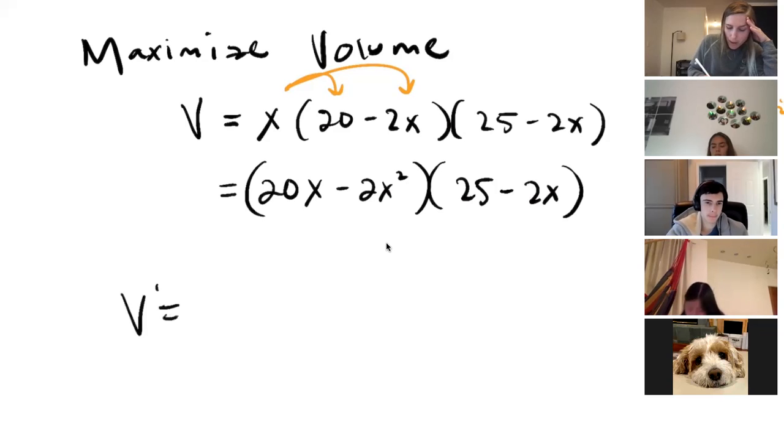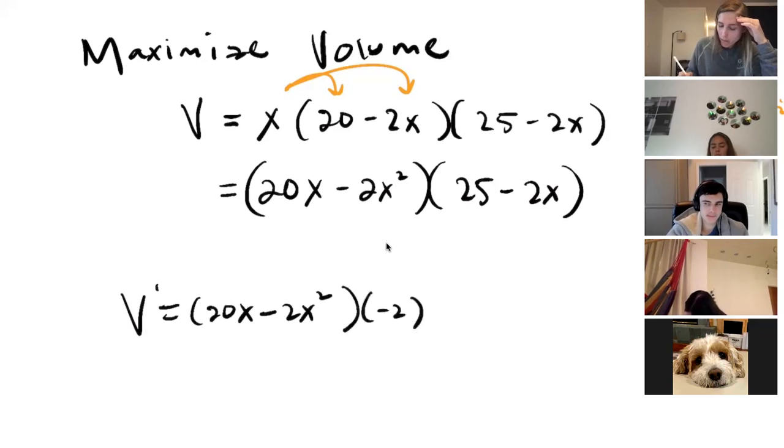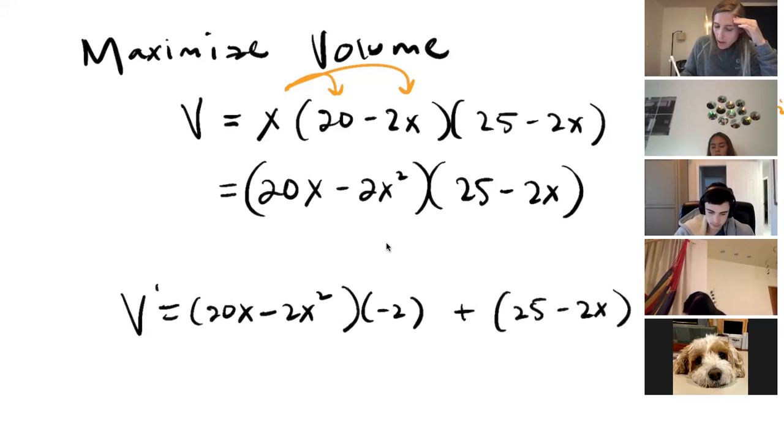So V prime would be the first factor times the derivative of the second factor, which would be -2, plus the second factor times the derivative of the first.